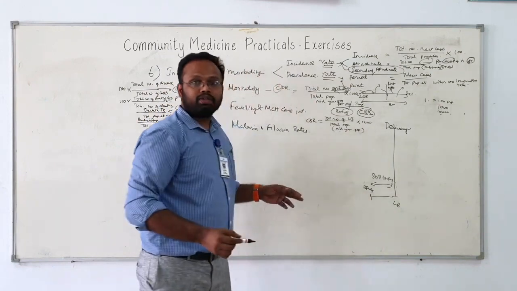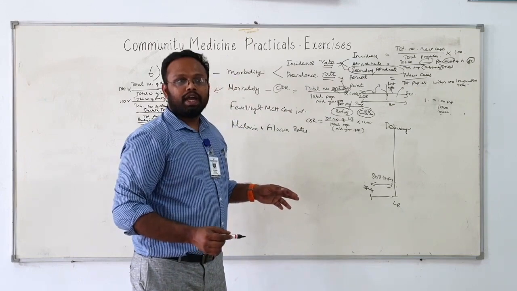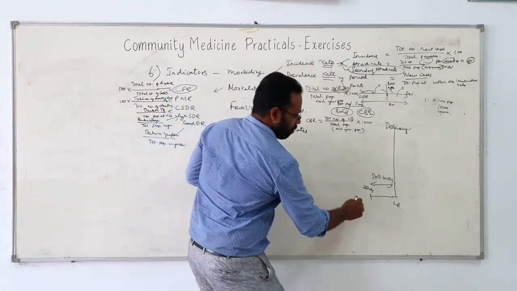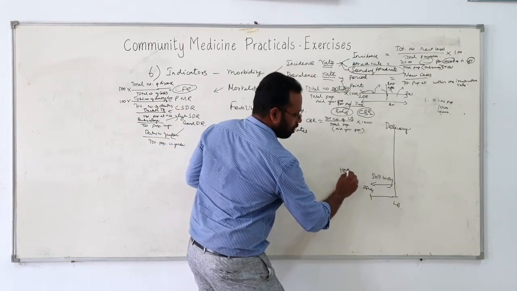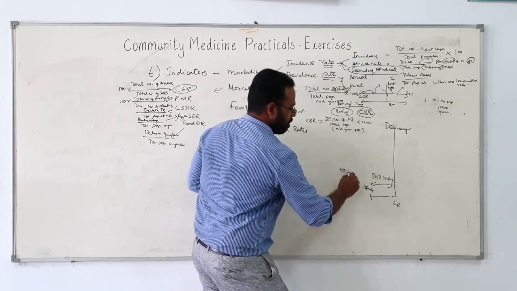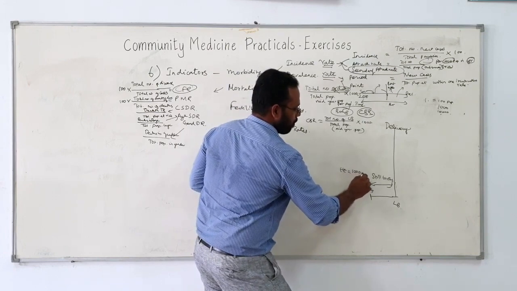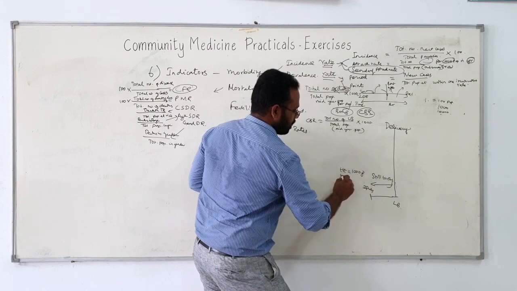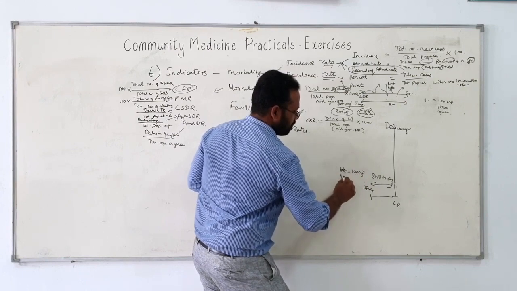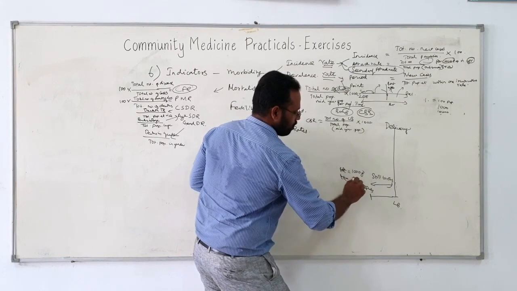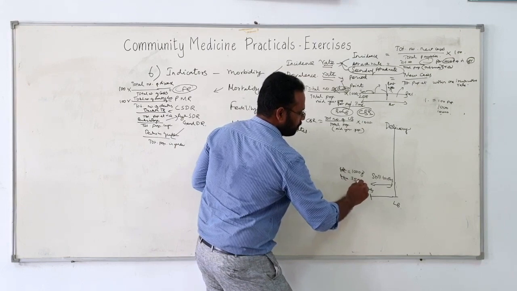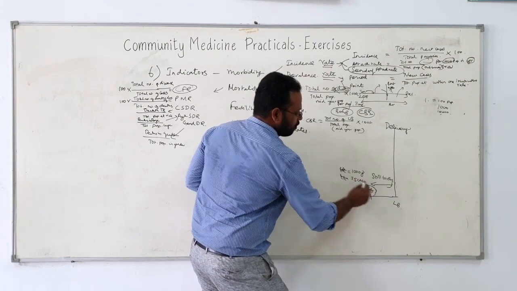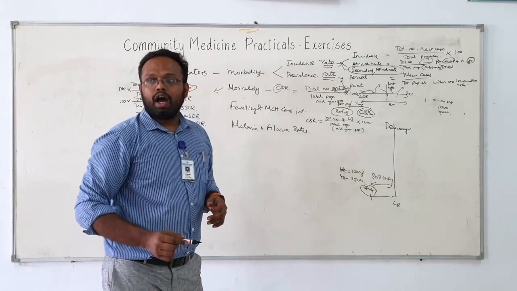How do we calculate this 28 weeks? We can ask the patient, or we can measure the baby. If the weight is 1000 grams and the height is more than 33 centimeters, then we conclude it is 28 weeks.